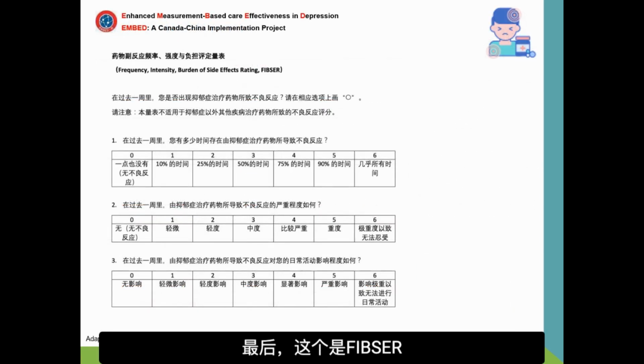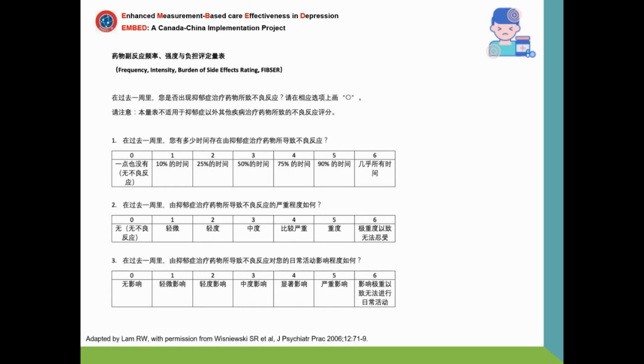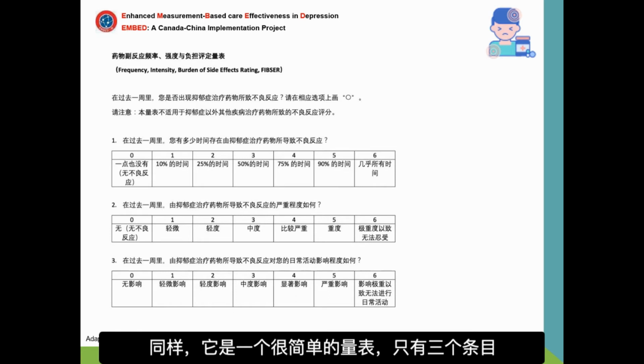And finally, this is the FIBSR, the Frequency, Intensity, and Burden of Side Effect Rating scale. And this scale was widely used in the United States STAR-D study, the large effectiveness trial in the United States. Again, a very simple scale, only 3 items.